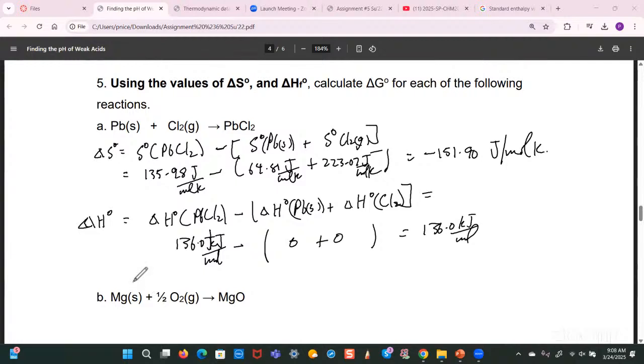But the question is asking for delta G. Remember now, delta G is equal to delta H standard minus T delta S standard, right? So basically, let me erase, I need some space.